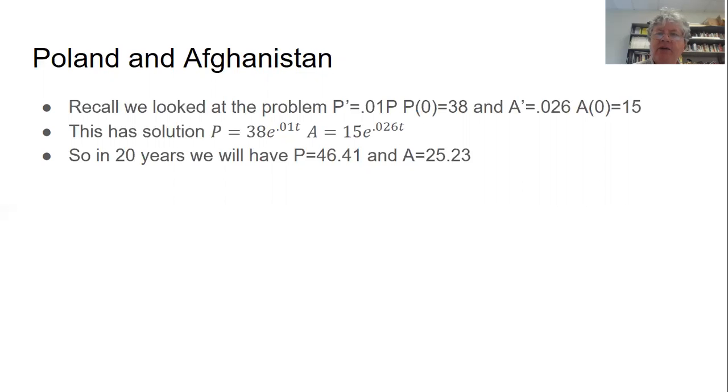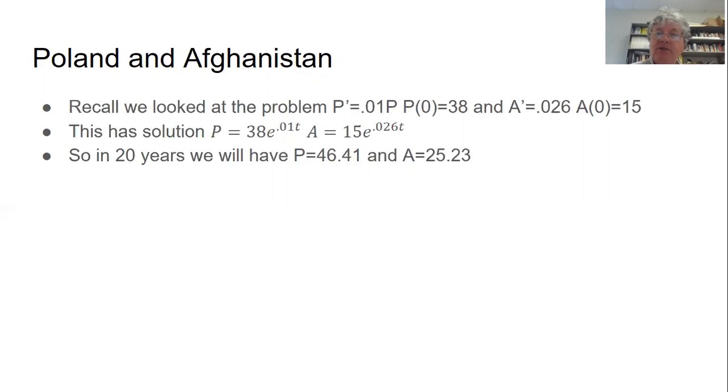And for Afghanistan, we had a prime equals 0.026a. Oh, I forgot the a there, sorry. And a0 is 15 million. So we can just write down the solution to these problems. So p is 38 times e to the 0.01t, and a is 15 times e to the 0.026t.